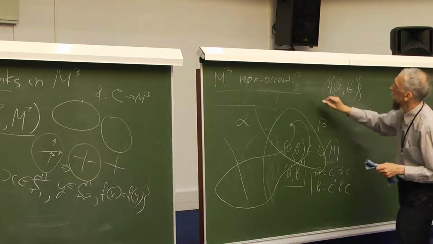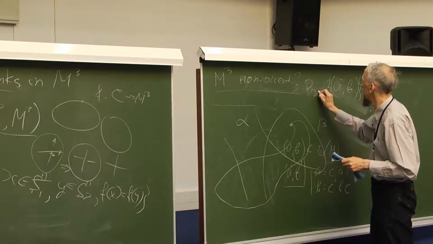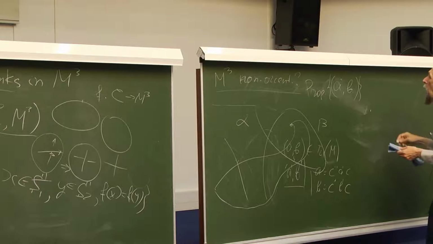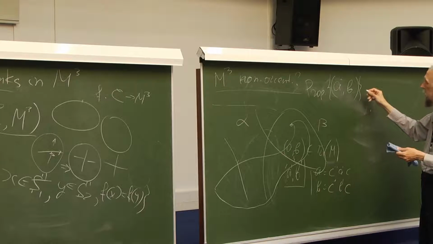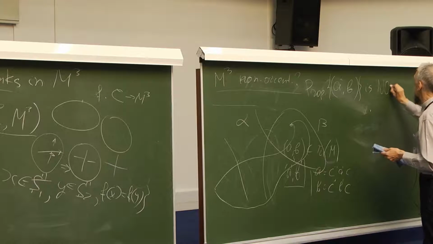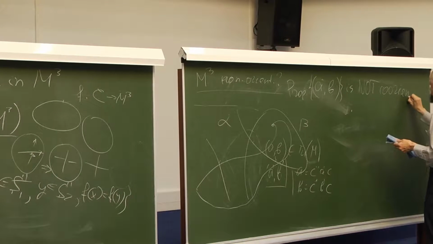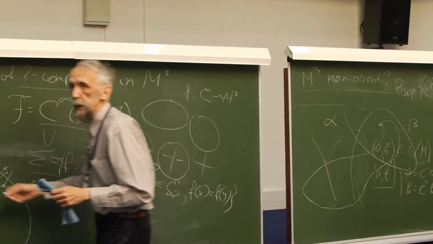This is a proposition. It is not theorem, because it is very trivial. Maybe even no proposition. So this stratum of the discriminant is not co-orientable. It is no chance to define the transversal orientation.